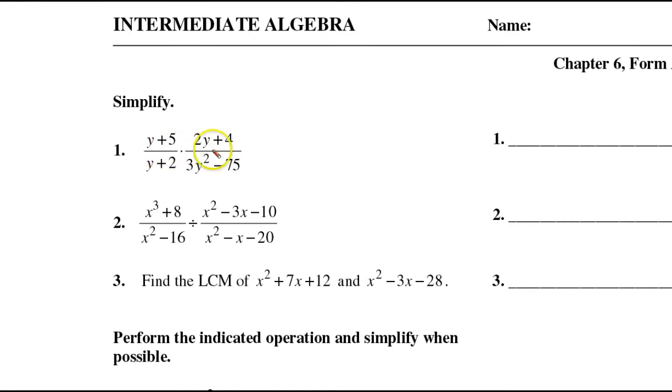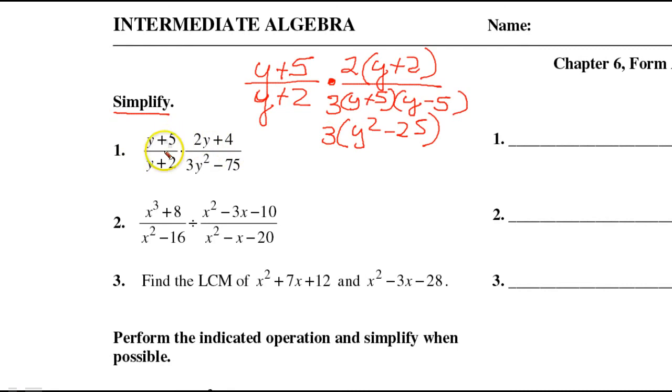So here we have a multiplication of a rational expression. And even though it's multiplication, it's actually more simplify, where we will use the principle of factoring. So let me factor this for you.